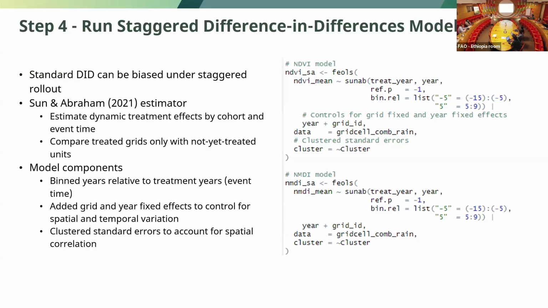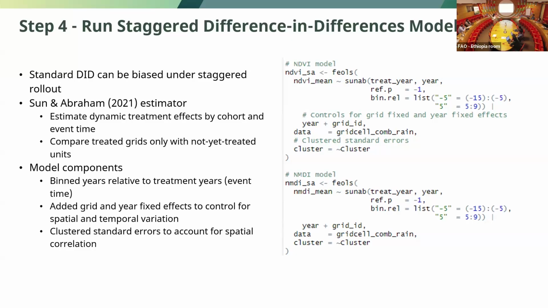And then it also compares the treated grids to those grids that have not been treated yet. Wait, let me rephrase the whole thing. Okay, so the estimator will compare the treated units only against not-yet-treated units. In that way, it helps us not be biased by the treatment time here.